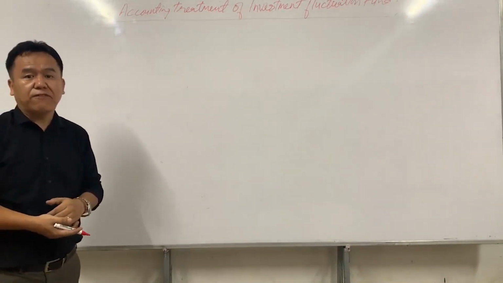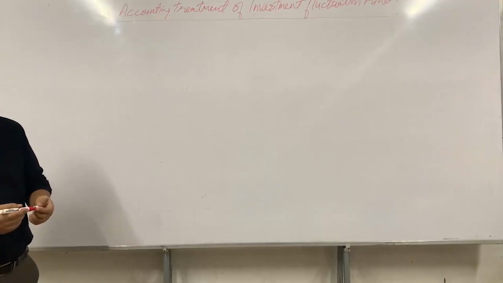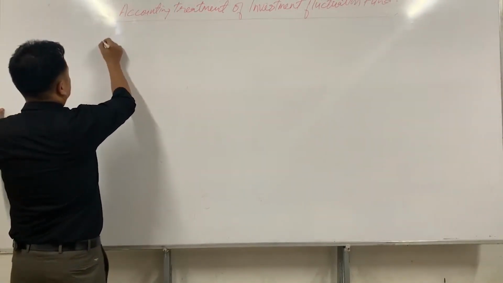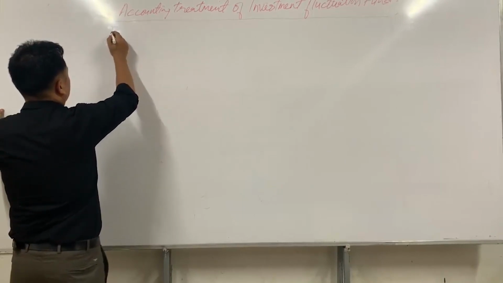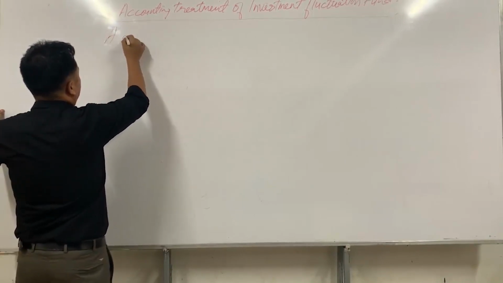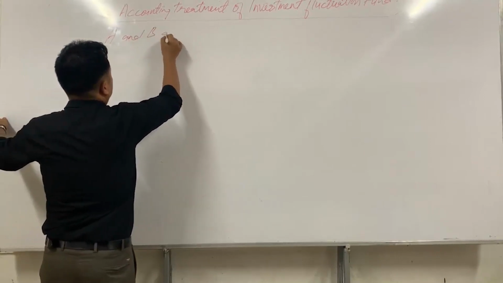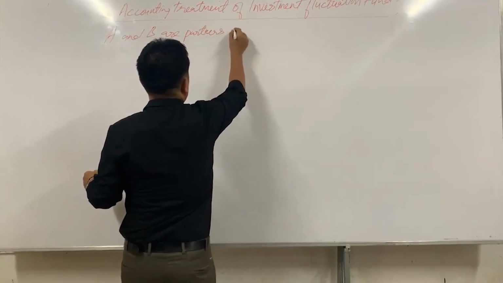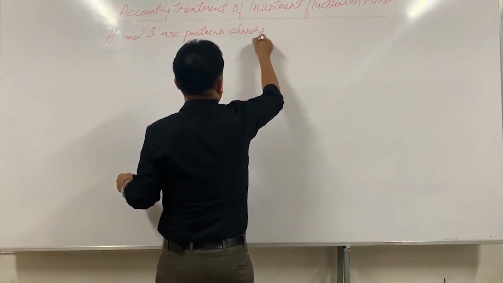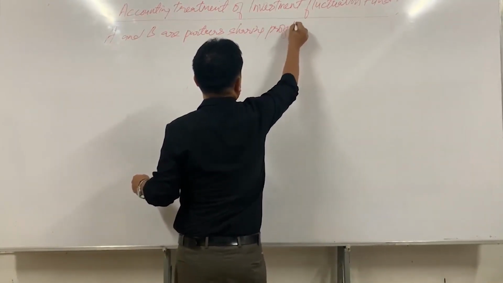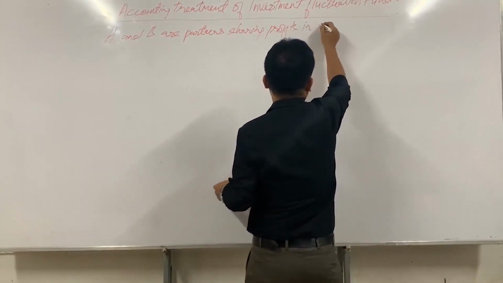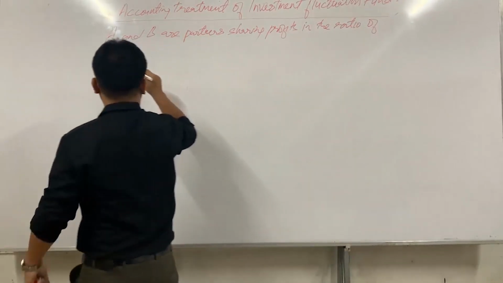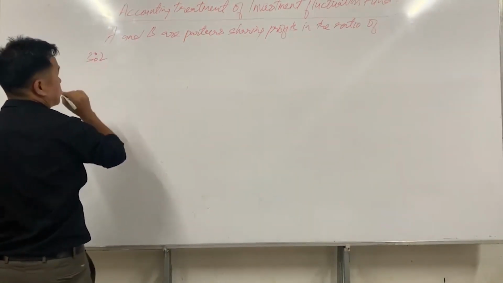Now let us discuss the different cases of the accounting treatment of investment fluctuation fund. Suppose say, again I'm going to give the same example. Suppose say A and B are partners sharing profits in the ratio of 3:2.